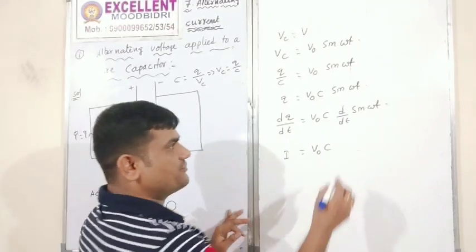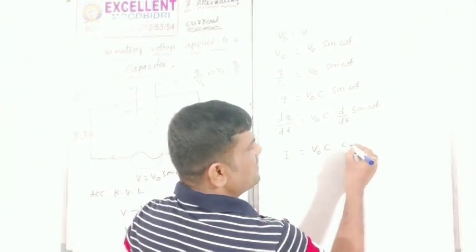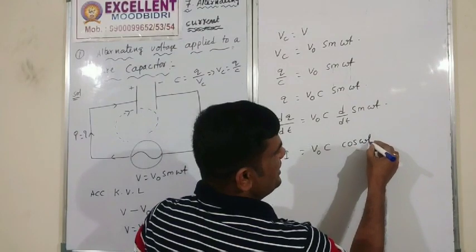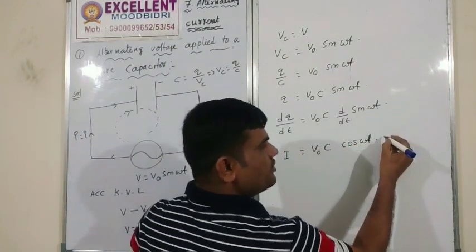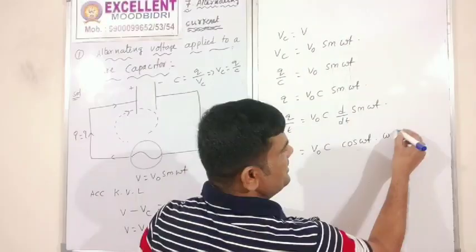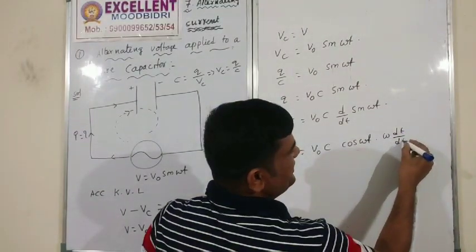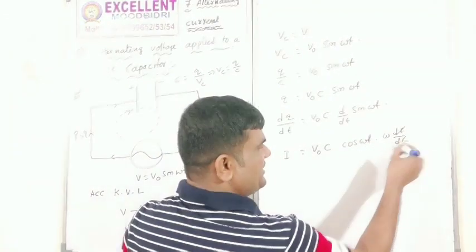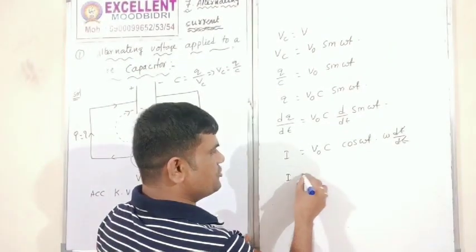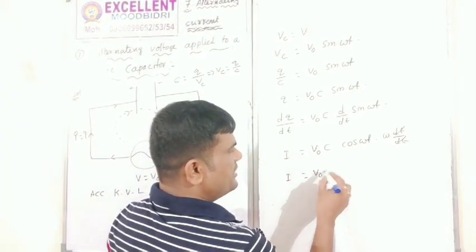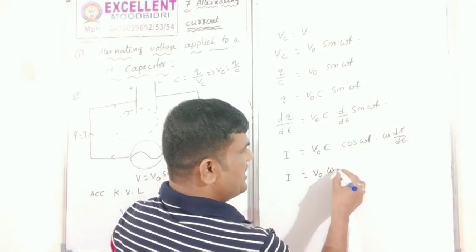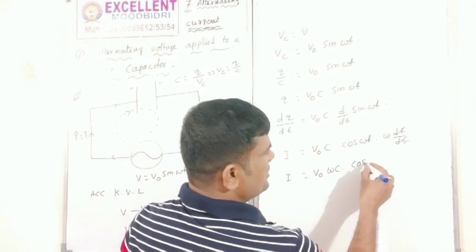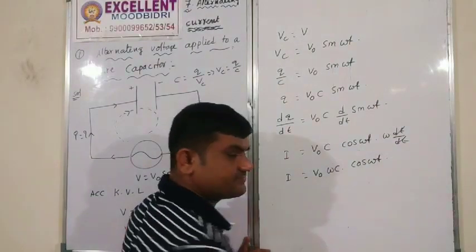Since the variable is omega t, we differentiate once more, giving omega into dt by dt, and dt gets cancelled. Therefore I is equal to V naught omega C cos omega t.